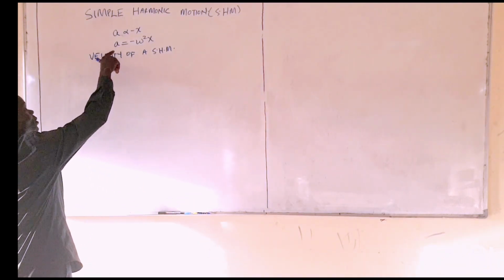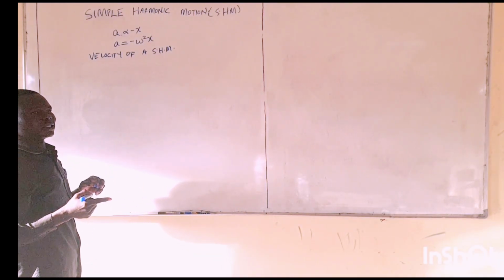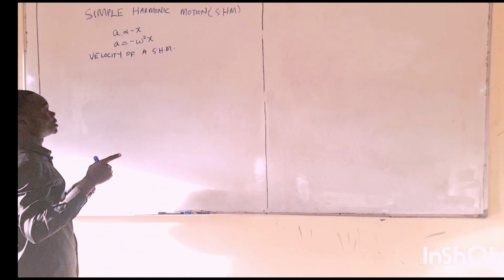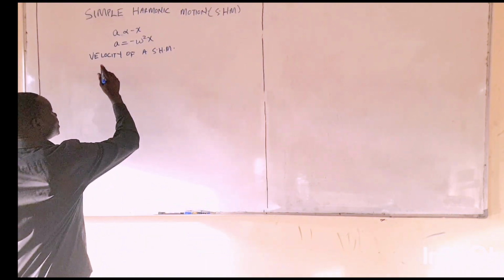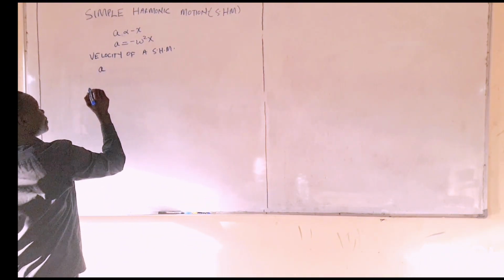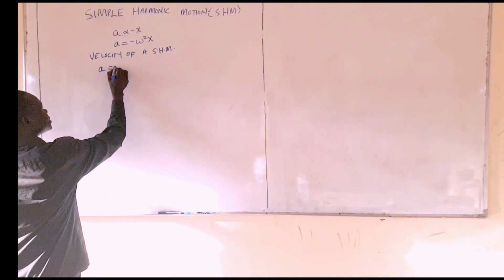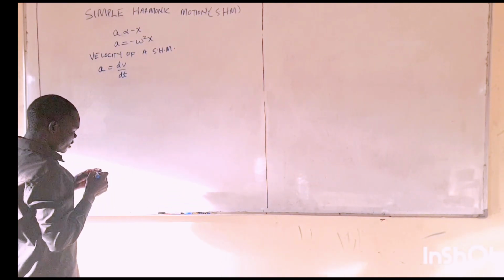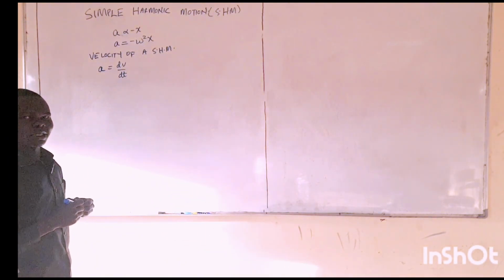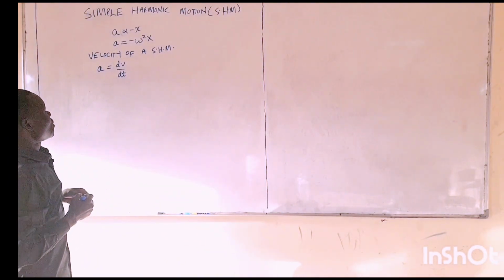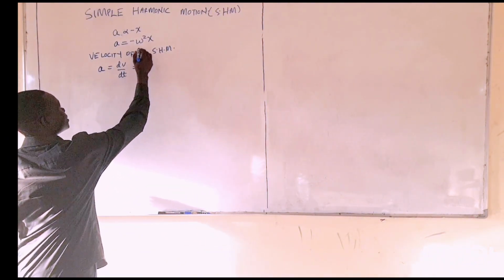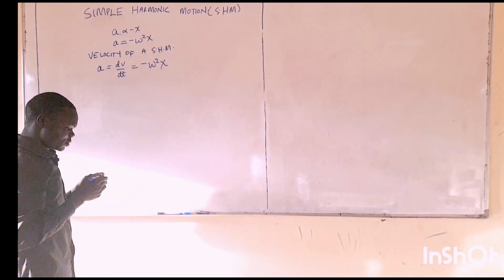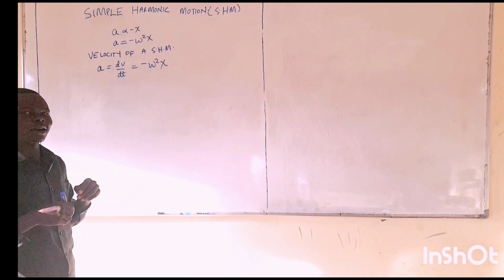Of course, we all know that velocity is the rate of change of displacement with time, where, first of all, our acceleration is the same as dv over dt. Rate of change of velocity with time is what we call acceleration, which is the same as negative mu squared x. I already told you mu is the angular velocity.